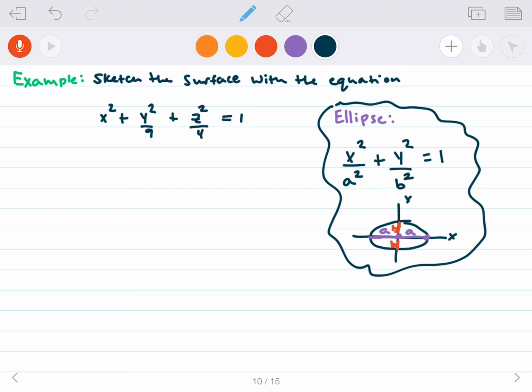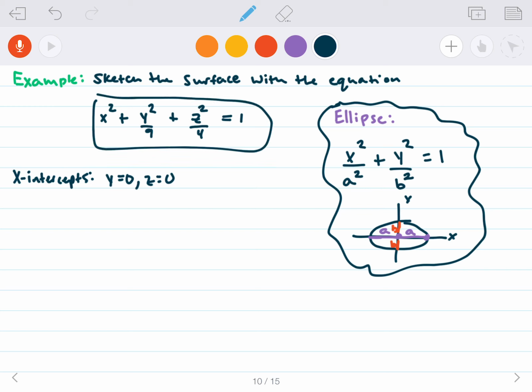And one other way to get some good points here is to find the intercepts. So for the x-intercepts, this occurs when y is 0 and z is 0. So if I take this equation up here, plug in y is 0 and z is 0, I get x squared plus 0 squared over 9 plus 0 squared over 4 equals 1.